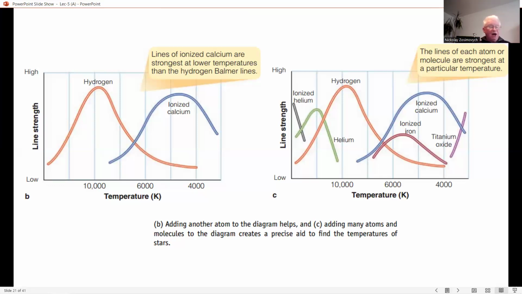But if the star had weak hydrogen lines and strong lines of ionized iron, you would assign it a temperature of about 5800 Kelvin, similar to that of our Sun.